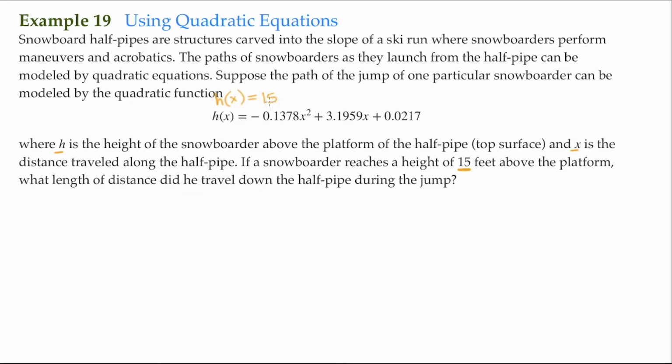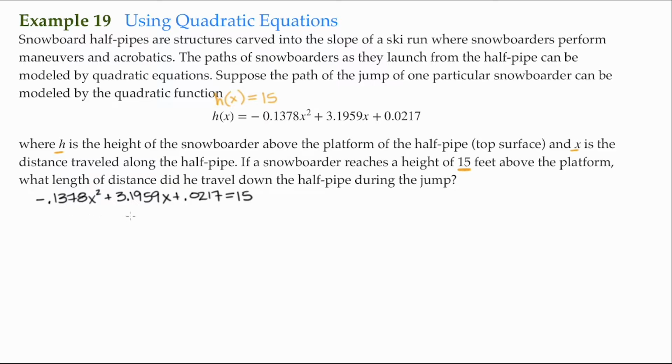So if his height is 15 feet and his height is also this, we can say that negative 0.1378x squared plus 3.1959x plus 0.0217, that's the height. When does it equal 15? That's equal to 15.